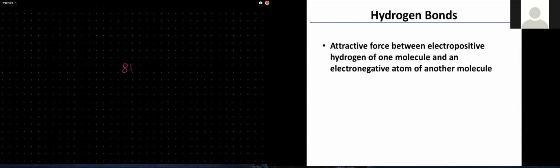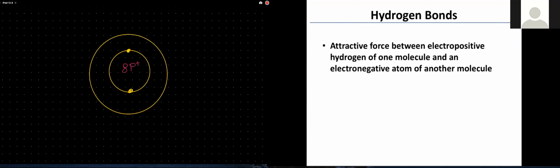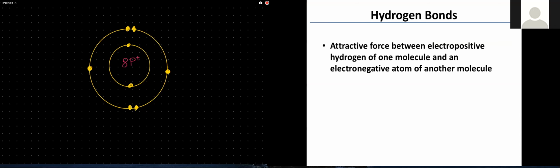So I have 8 protons and 8 electrons. I have 6 electrons in my outermost valence shell as oxygen.